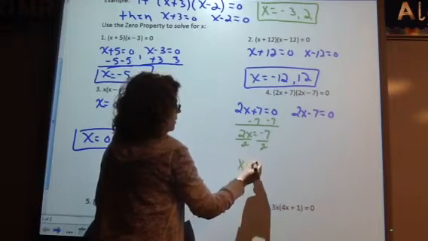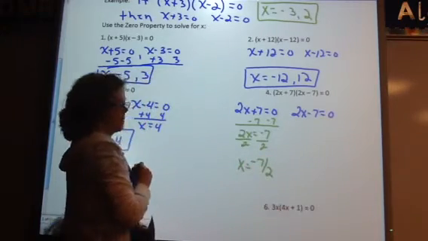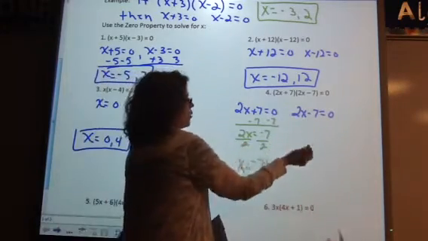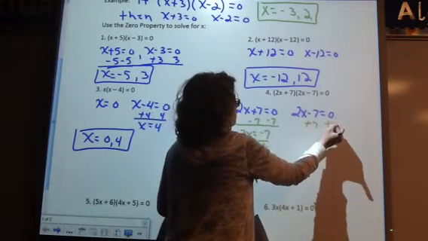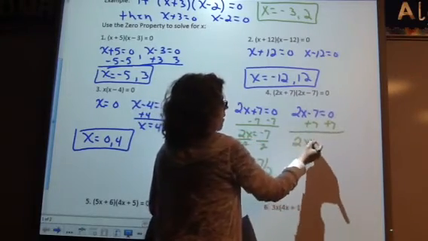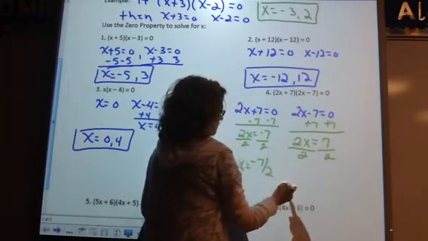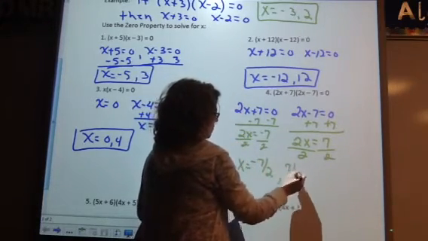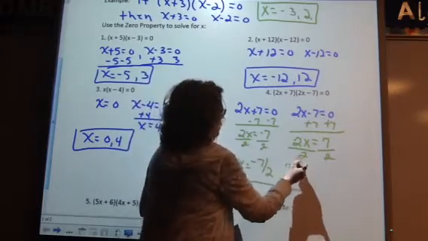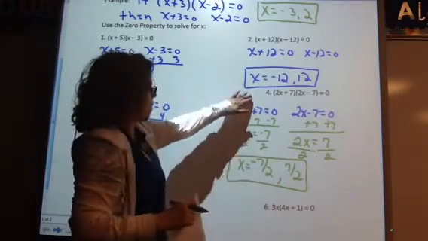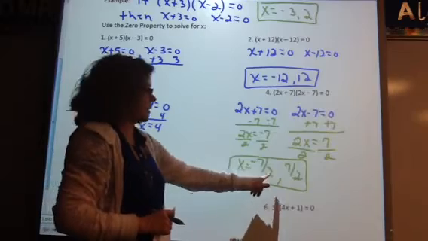So x equals negative 7/2. Then again, you have a 2-step equation. So my solution for number 4 is negative 7/2 and 7/2.